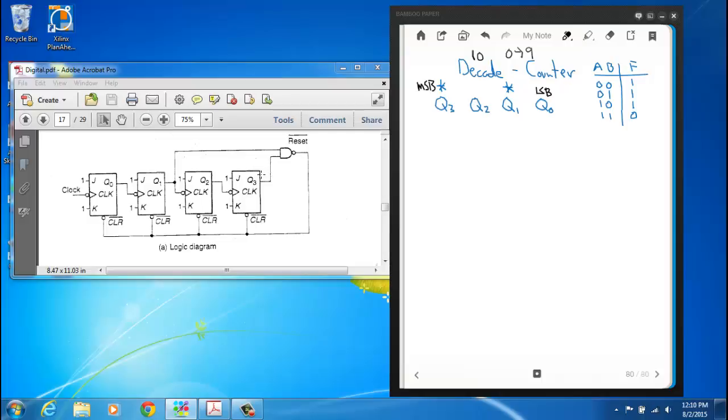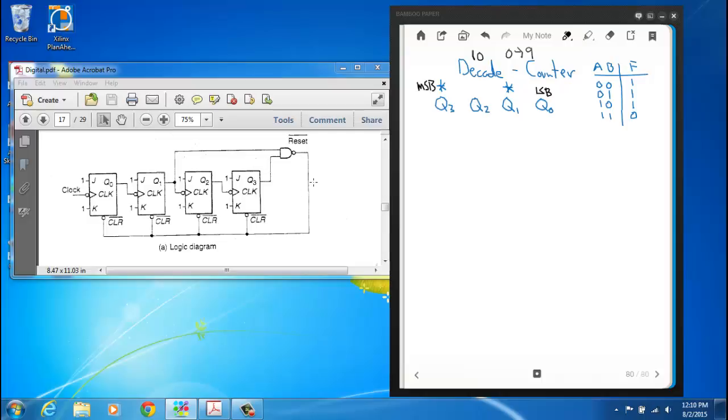Since Q0 is the highest frequency of all the Q outputs, it's going to be changing the most often. That makes sense because in a binary count, the least significant bit is what changes the most often. As you go from least significant bit to most significant bit, the bits change less often, as you'll see when we fill out this table of the Q outputs.